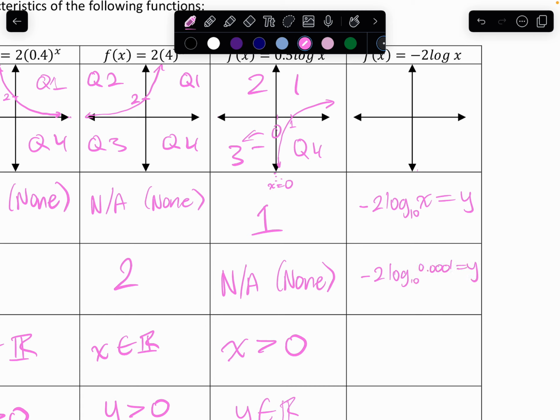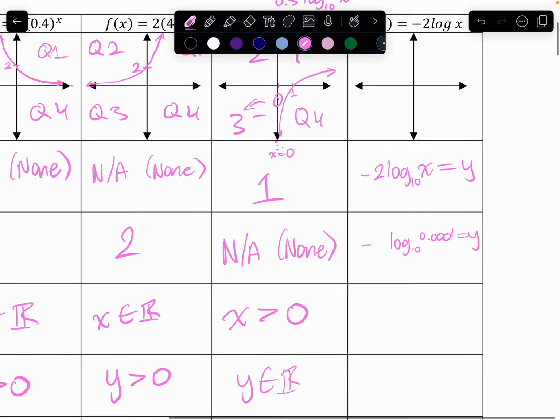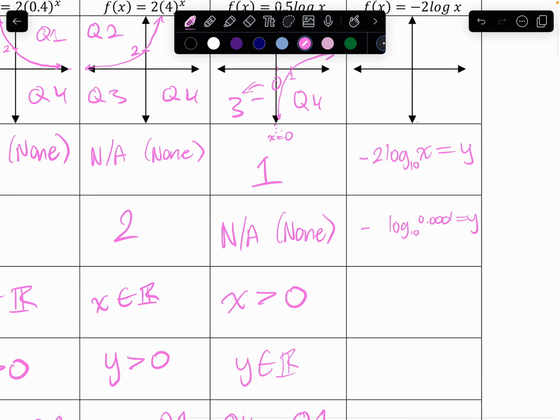And actually for the purposes of this, let's just ignore this 2, because it doesn't actually change that much, and you'll see why in a second. So 10 to the negative y, or I skipped a step there, log 10 negative y, which means 10 to the negative y equals 0.0001, right?